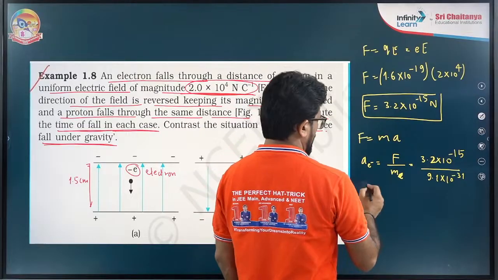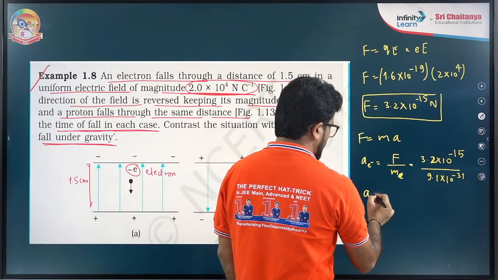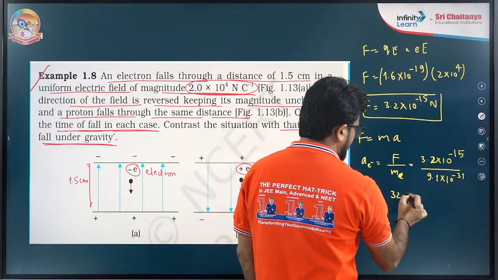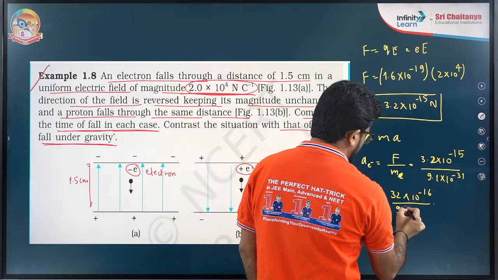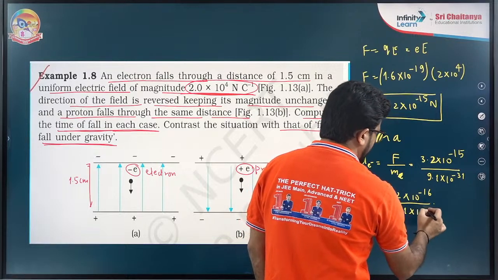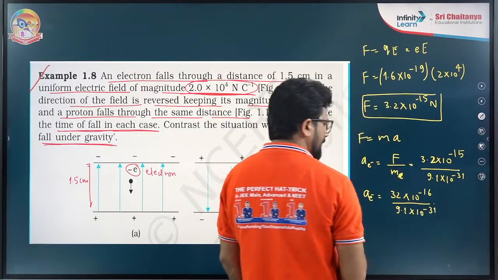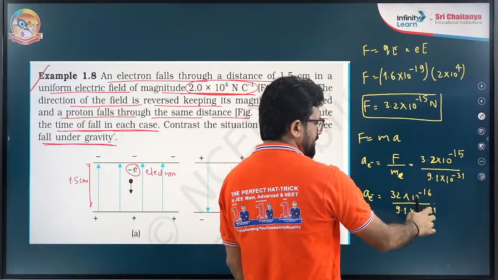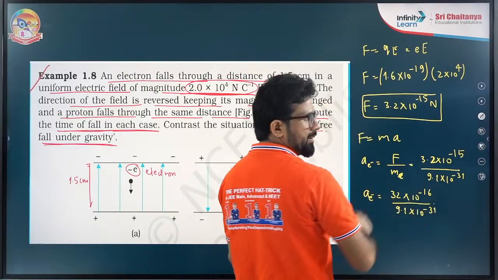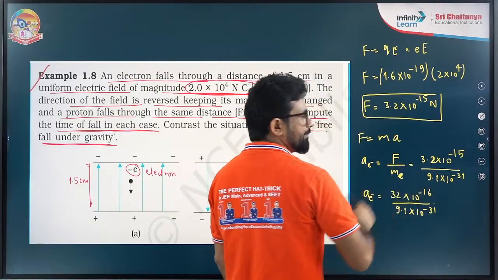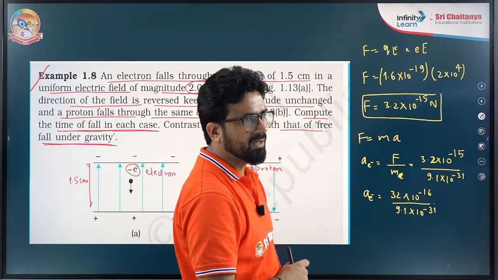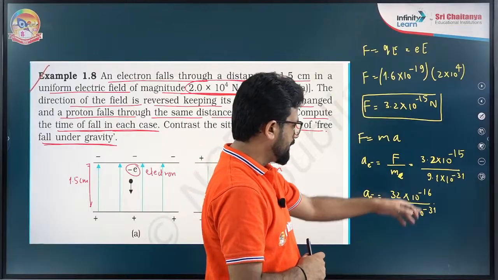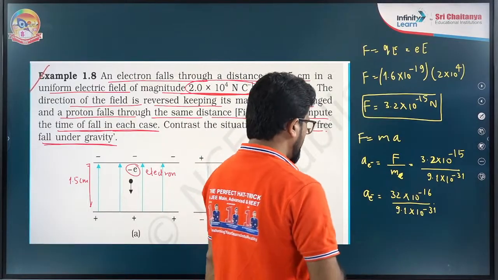You can write it, or you can say acceleration of electron is equal to 32 into 10 to the power minus 16 divided by 9.1 into 10 to the power minus 31. Here it is minus 16, and this minus 31 goes above and becomes positive 31. Plus 31 and minus 16 will be plus 15. What is the value?